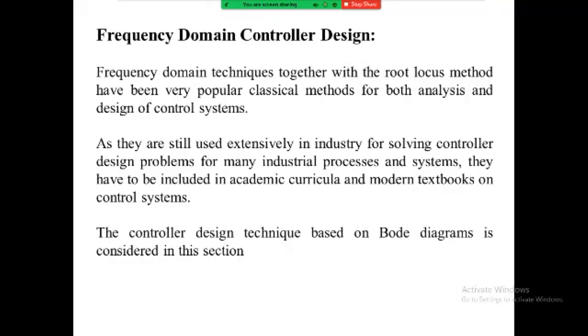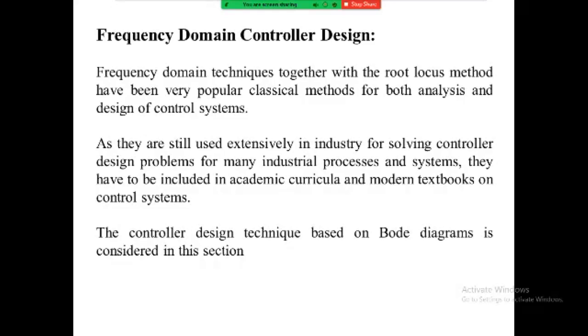Now, what are the basic objectives of studying this frequency domain controller design? The main objective is to show how to use this Bode diagram as a tool for controller design such that the compensated system has, first of all, the desired phase and gain stability margin and steady state error.